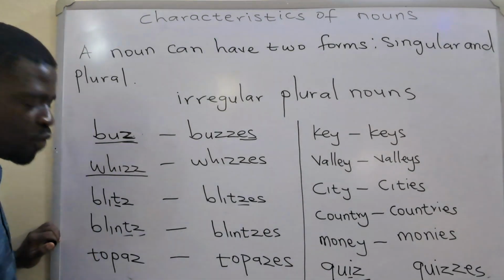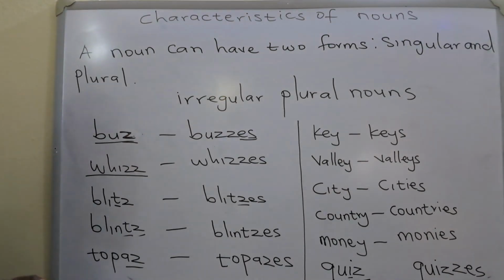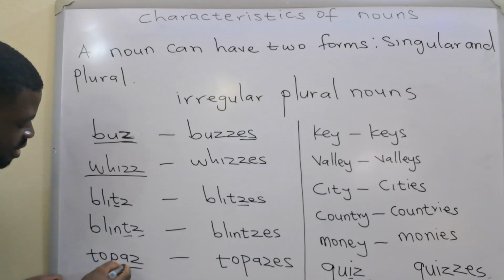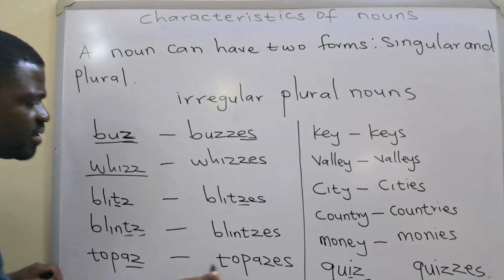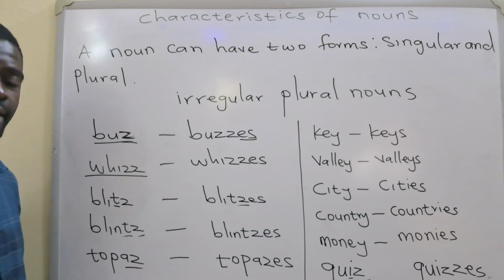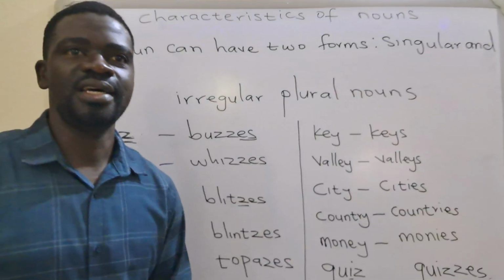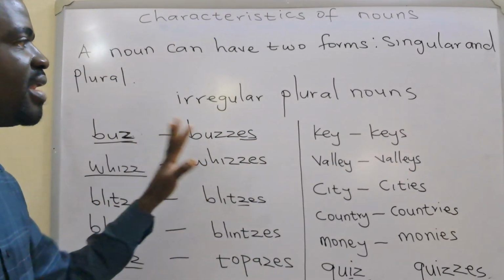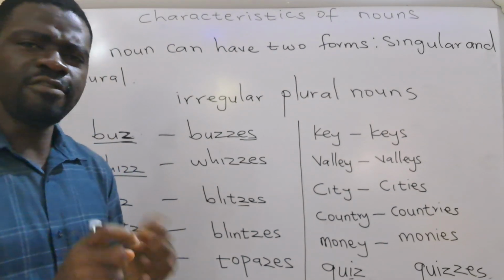Then I have this word, topaz. Topaz ends with Z, and then the preceding letter is a vowel. A is a vowel letter, but I don't need to add double Z. Why? Remember, I told you in the last class that the way nouns in English form their plurals is very interesting. There are a lot of nuances.